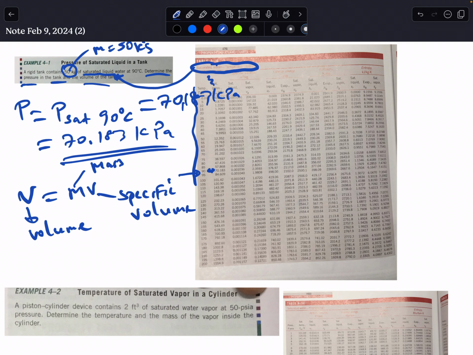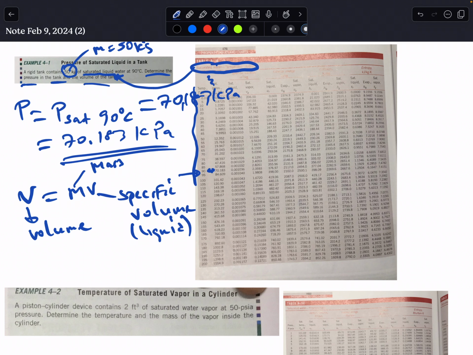What specific volume? Specific volume of liquid. You must be specific. Not any kind of specific volume, because we have specific volume of vapor and we have specific volume of saturated liquid. Both are given on your property table. And therefore you have to be specific to say that you are looking at the specific volume of liquid, because we have but liquid water in this question.